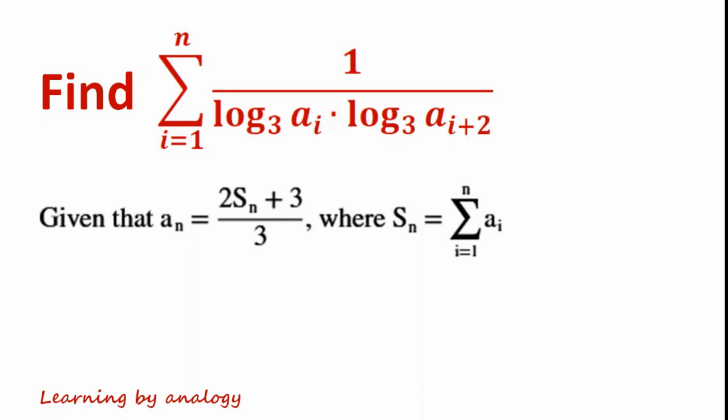Find sigma i equals 1 to n of 1 over log to the base 3 of ai times log to the base 3 of ai plus 2.